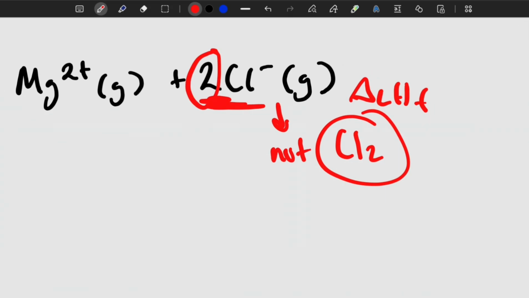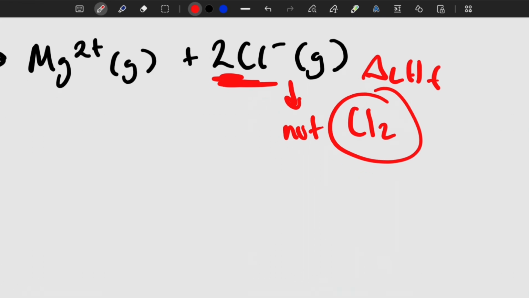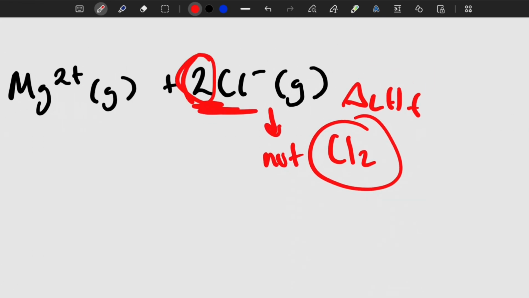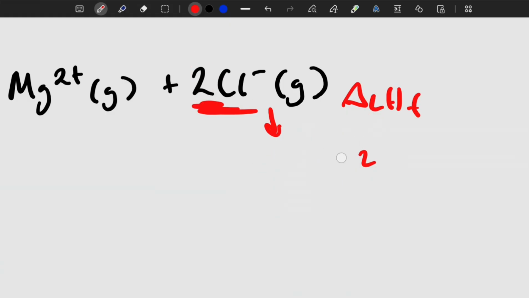There's 2 chloride ions there, 2 moles of chloride ions, but there's not a diatomic molecule of 2 chloride ions, if you get what I mean. So this big 2 just means there's 2 moles of chloride ions, but doesn't have a Cl2 there. So we just want 1 chlorine.